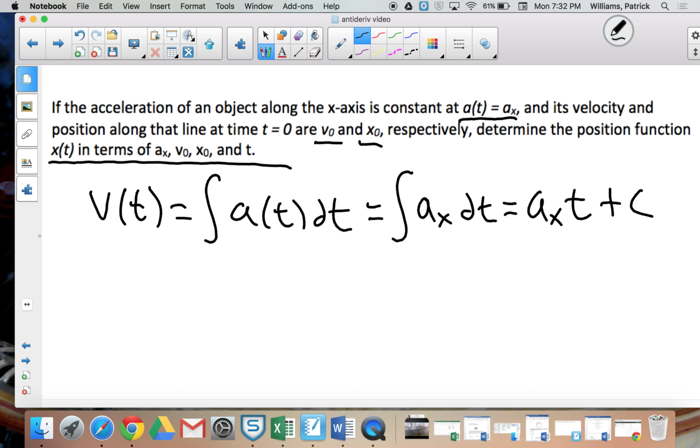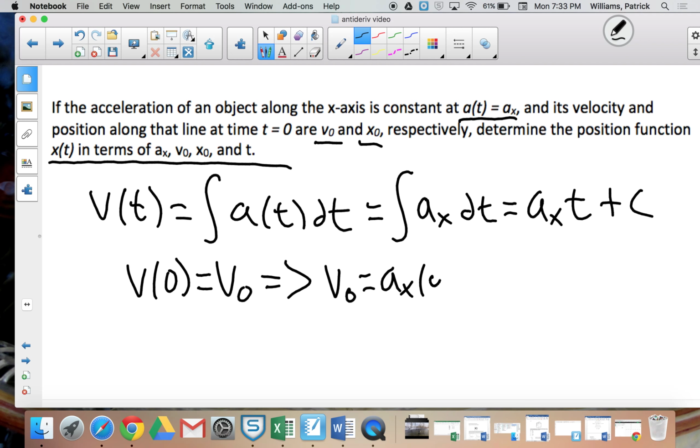So what initial condition are we going to use to solve for that constant? Well, we have v at 0 is equal to v naught. So if we utilize that initial condition, we will get v naught is equal to a_x times 0 plus c. This gives c is equal to v naught.